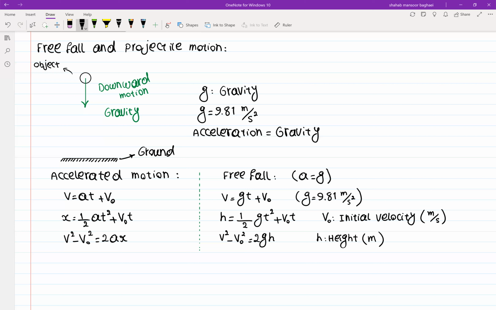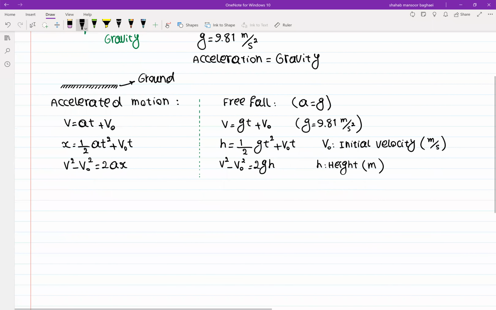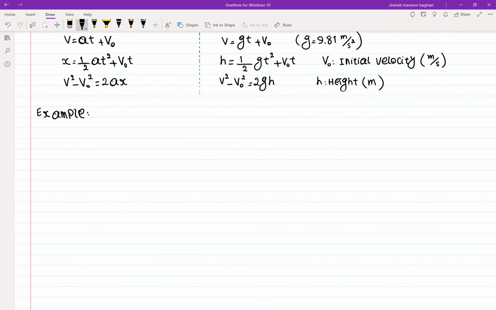Okay, now consequently, in order to analyze the free fall, you have to use these 3 equations. Here, example. There's a falling object here.